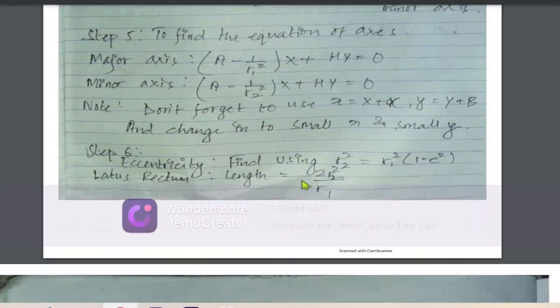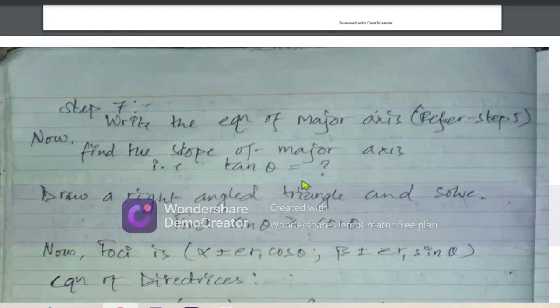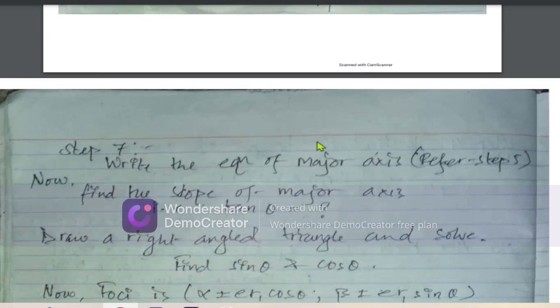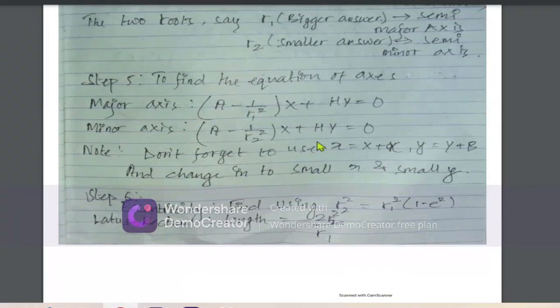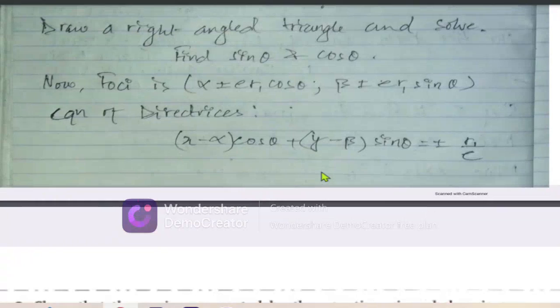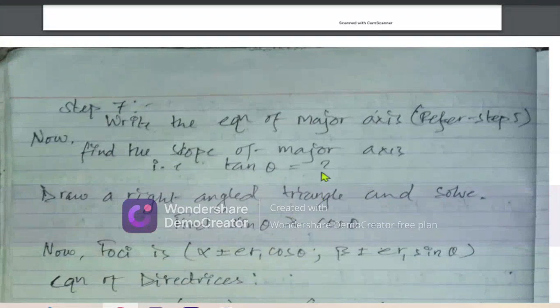Now let's move on to another step. In step 7, write the equation of the major axis. Refer to step 5, where we use this formula to find the equation of the axes. So for this, we can easily find the equation of the major axis.